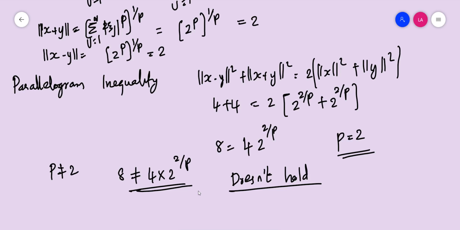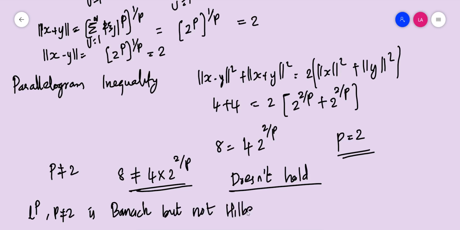So L^p when p is not equal to 2 is an example of a Banach space which is not a Hilbert space. It is Banach, meaning a complete normed space, but not Hilbert, because it does not satisfy the parallelogram identity. Every norm induced from an inner product should satisfy the parallelogram identity.